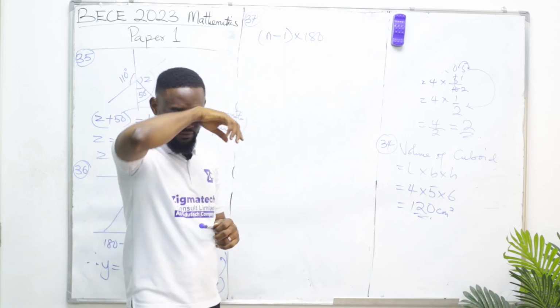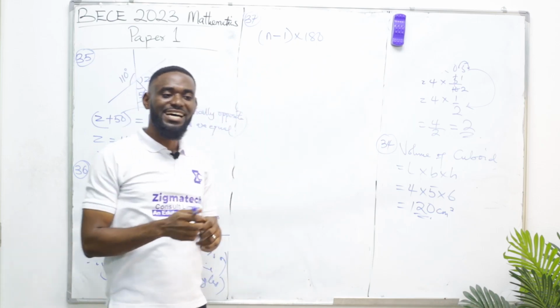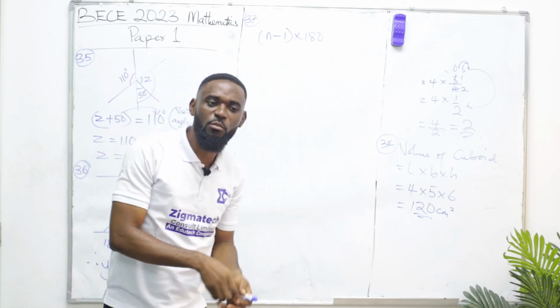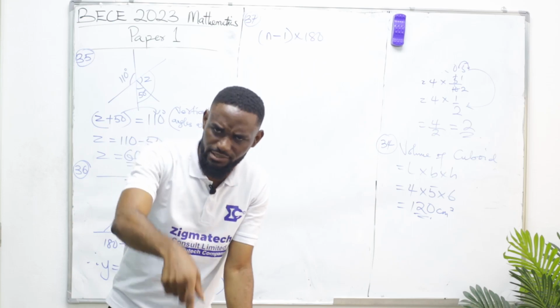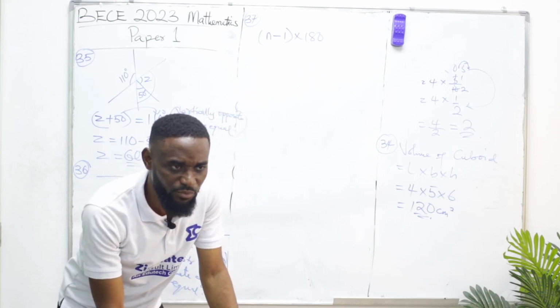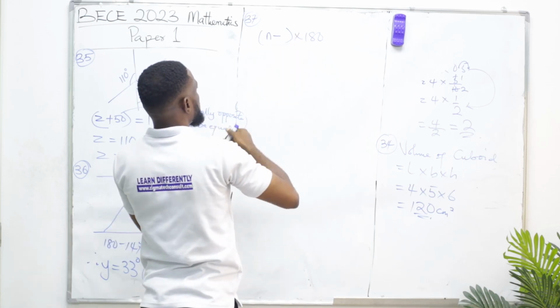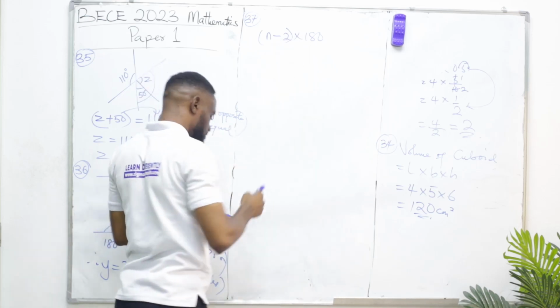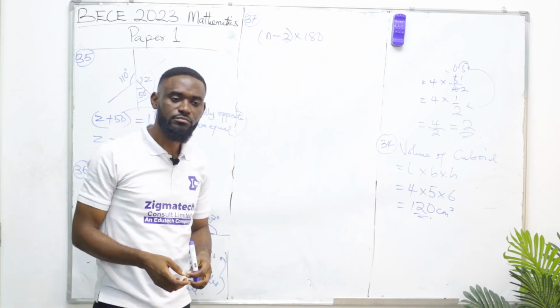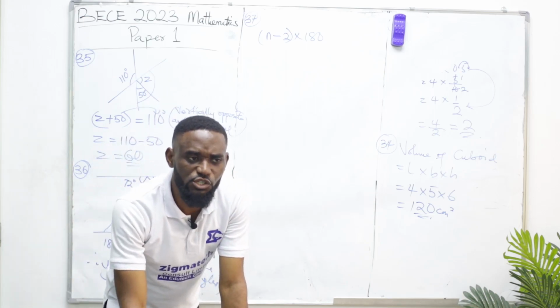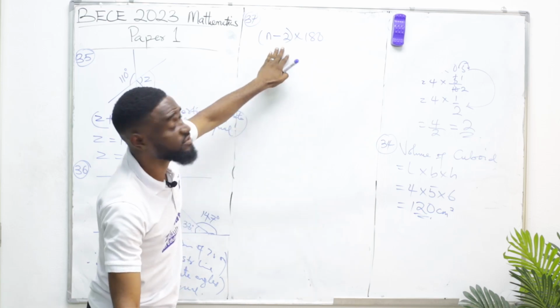Now they're asking that the sum of these interior angles is equal to 180. Do you get the point now? So that it is, sorry, n minus 2 rather, times 180. So if we have the sum of the interior angles, this is the formula, right?